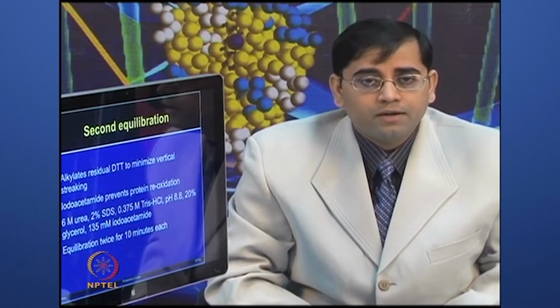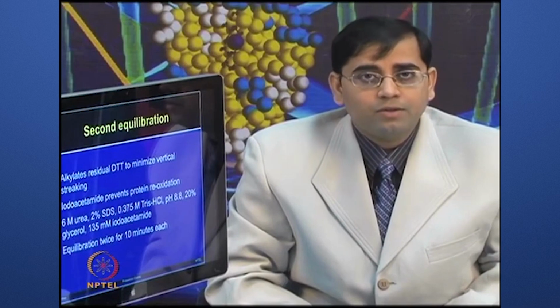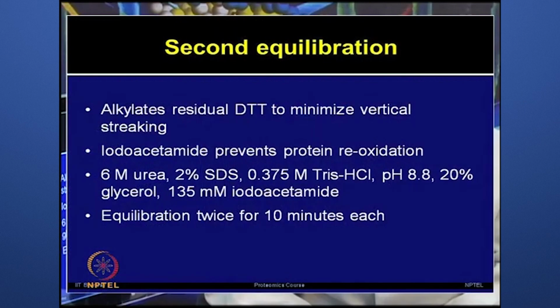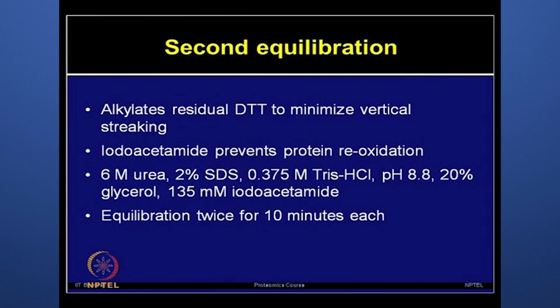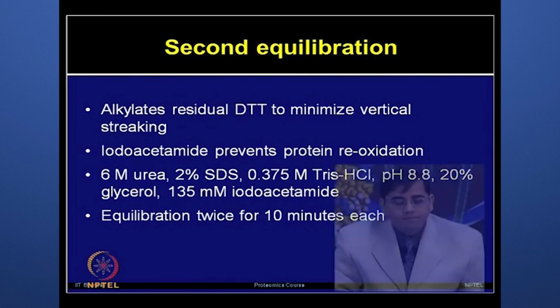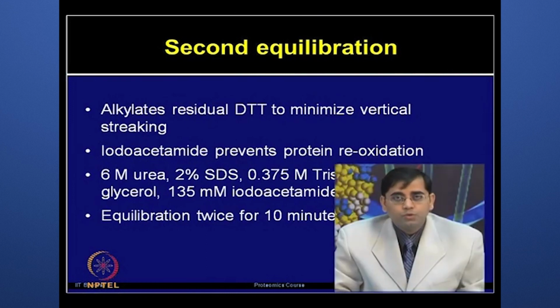This buffer recipe is exactly similar to the last one, except for one change: DTT is replaced with iodoacetamide. You can add 135 millimolar iodoacetamide during the second equilibration step.